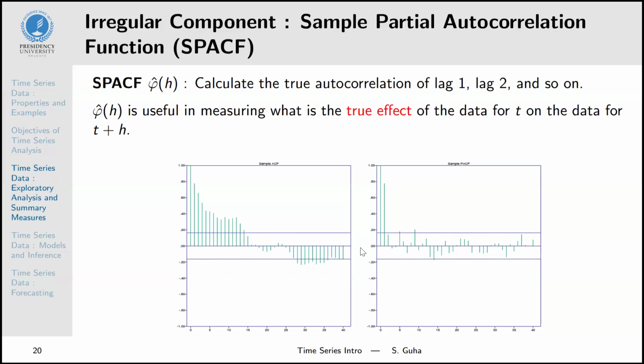You'll see once again, after only lag 1, 2, 3, 4, 5, 6, 7, 8, 9, 10, after lag 10, everything is beyond 0. So that means maybe after lag 8 or 9, your actual correlation today doesn't really have any effect after day 10 or 11. But still, you are seeing that because of the intermediate commonalities between them.